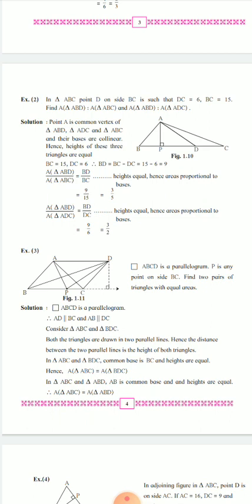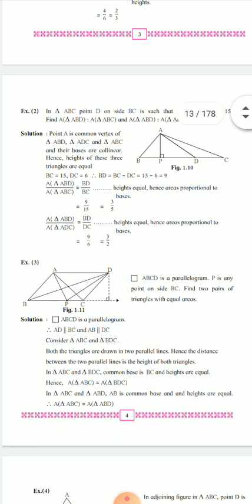So we can say that the distance between the two parallel lines is nothing but the height of both triangles, isn't it? Which two triangles? Triangle ABC and triangle BDC. So the height of both triangles is between two parallel lines.